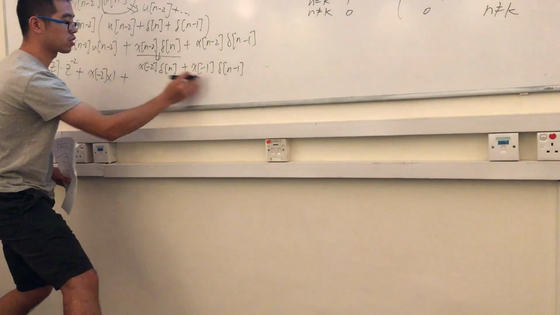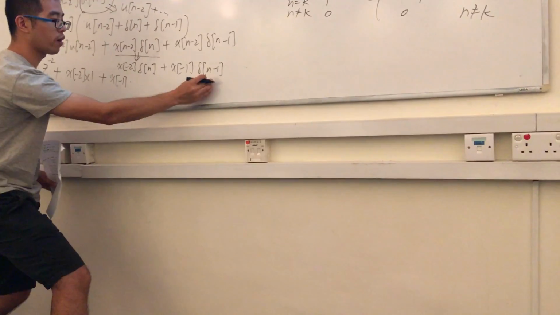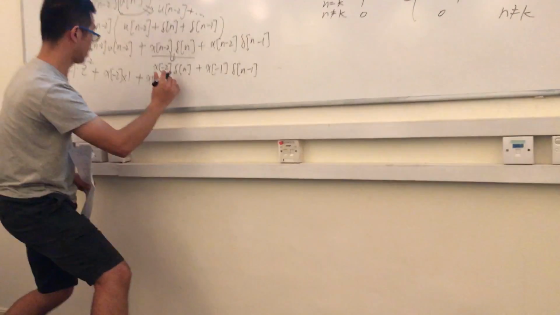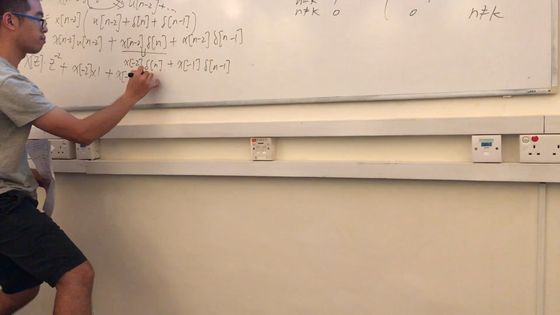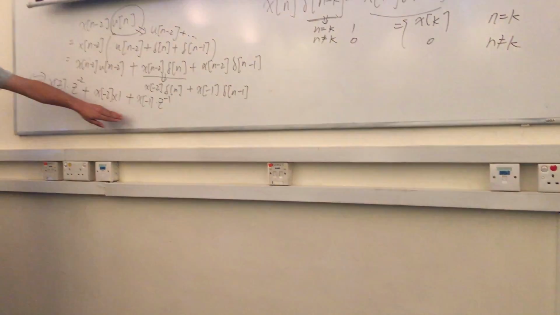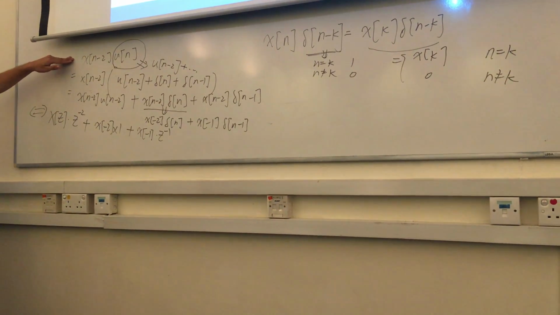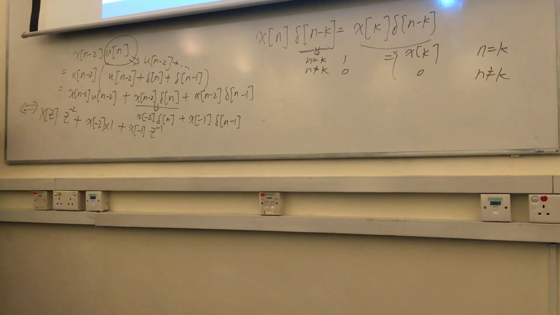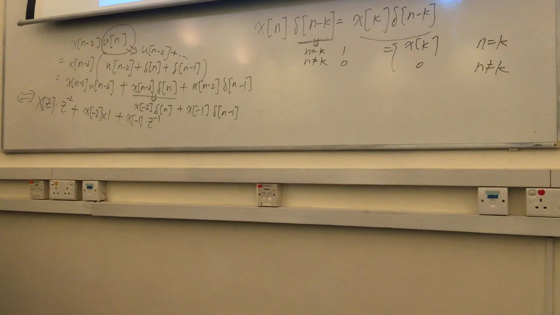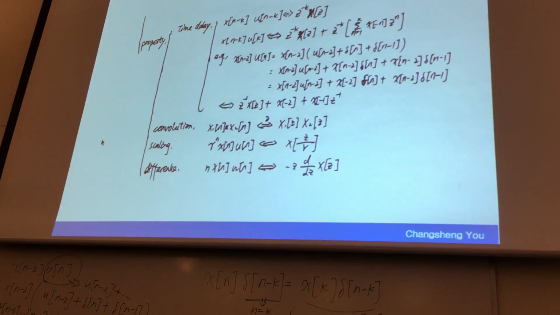And this one is a constant, and it corresponds to z^(-1). So this is the Z transform of this function. This is easy to understand. If you just remember the solutions, maybe sometimes you will get confused.